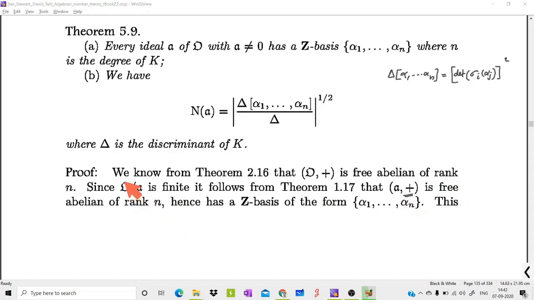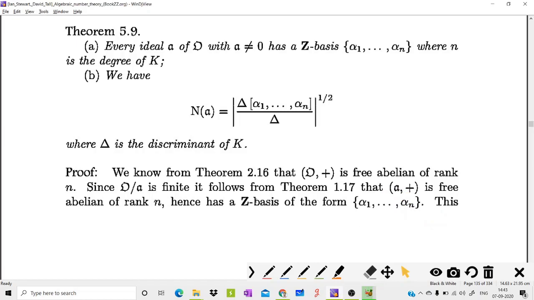Here we have already seen that this is finite, so we get A under addition is also a free abelian group of the same rank as O. So there is a Z-basis, say alpha 1, alpha 2, ..., alpha n, which is a basis for this A. Okay. This proves part A: every ideal A has a Z-basis alpha 1, alpha 2, ..., alpha n.